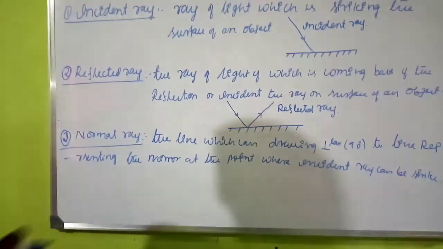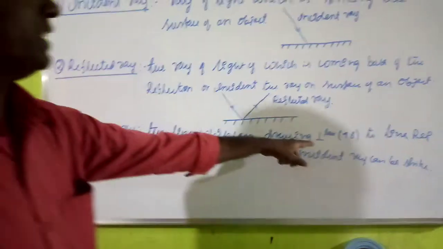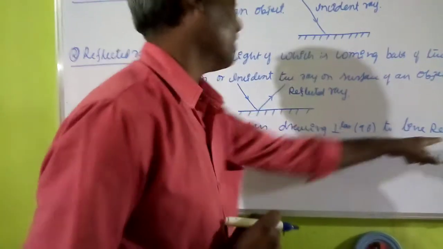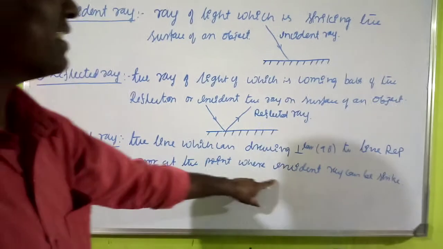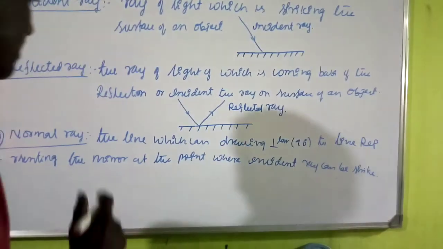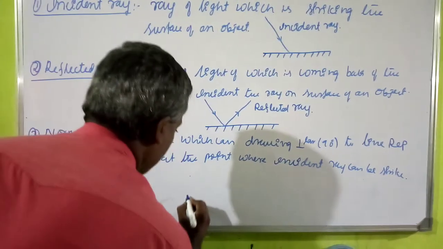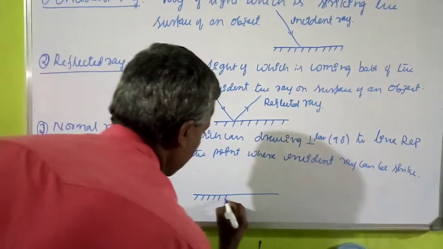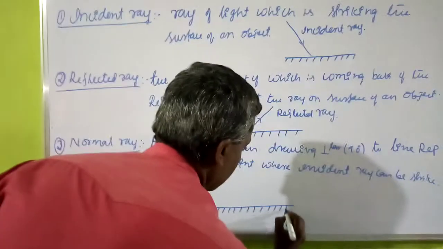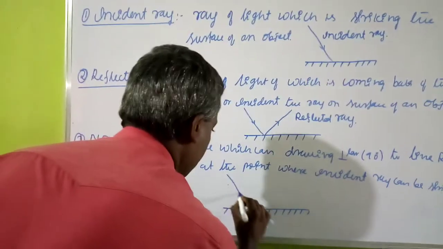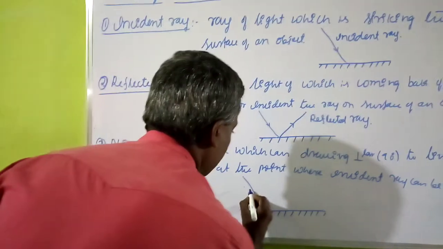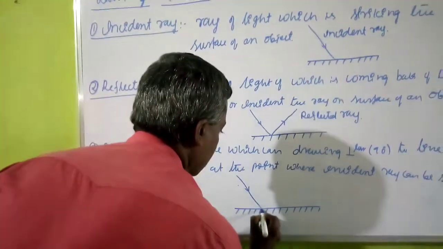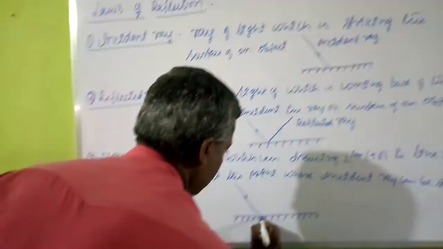Its meaning is that the line is drawn perpendicular, or at 90 degrees, to the line representing the mirror at the point where the incident ray strikes. Diagrammatically, this is the surface of an object. This is a ray of light which is incident on the surface of an object.